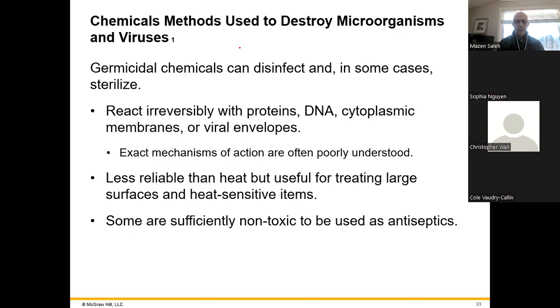Germicides are generally referred to as disinfectants, but in some cases, as we will discuss shortly, they can achieve sterilization.